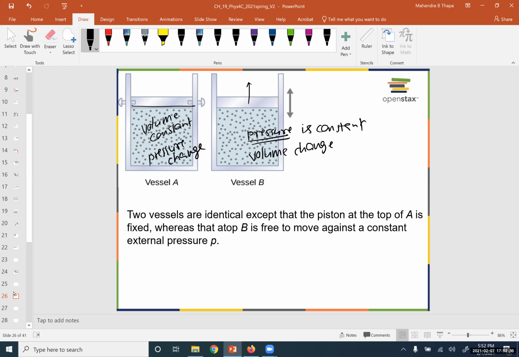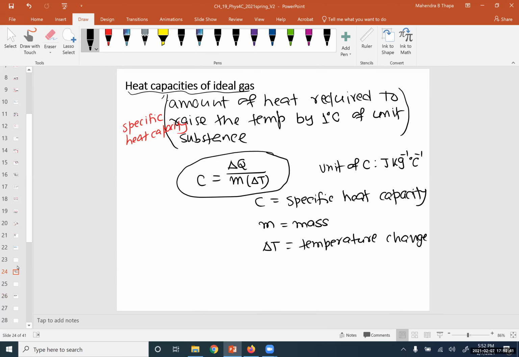Okay, so the main point of talking about this part is that for gas, the value of C could change from 0 to infinite.